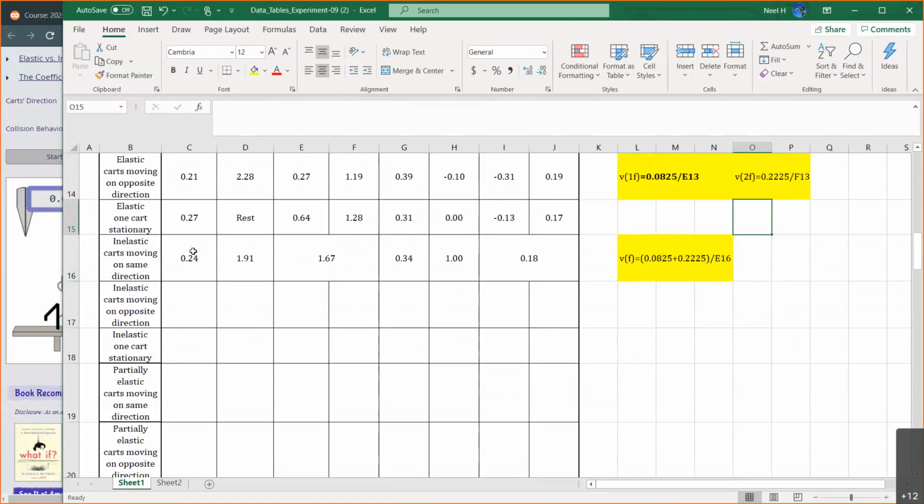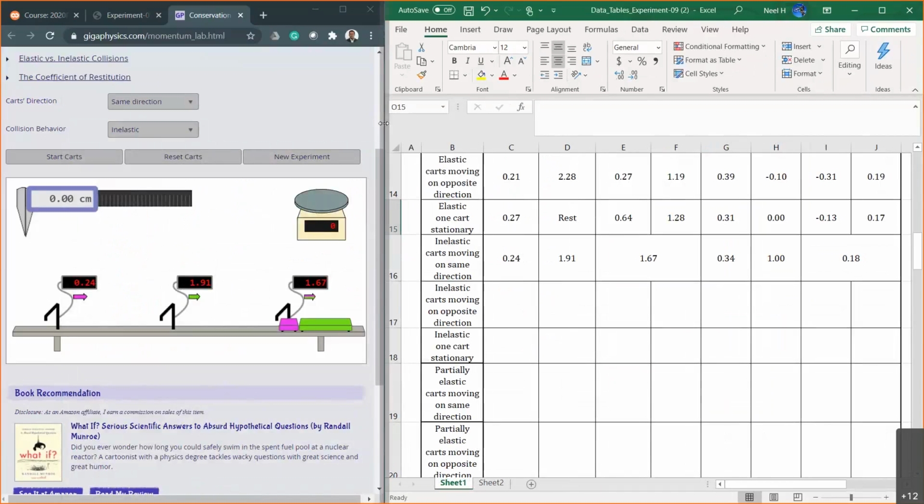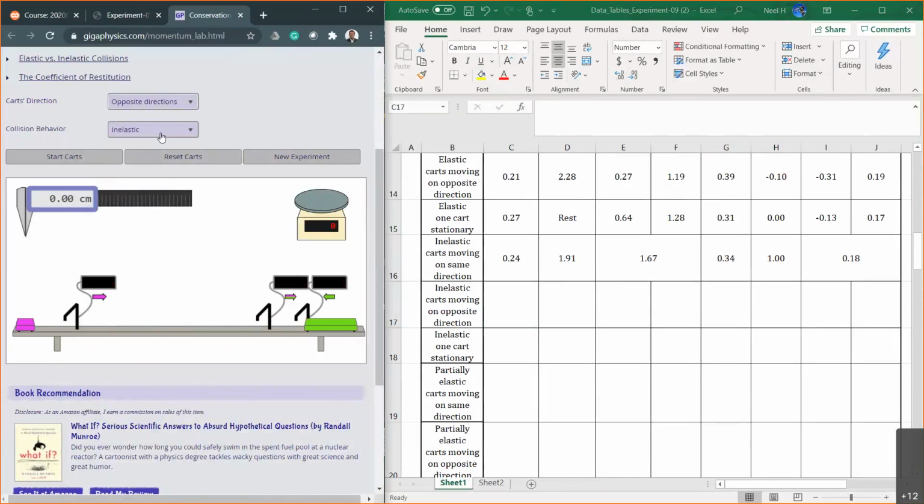So we just need to repeat the inelastic collisions, right? I have to repeat 2 more times to understand how it changes as a function of how the cards are organized initially before the collision. Now let's reset the cards, inelastic collision, but change the direction of motion to opposite.